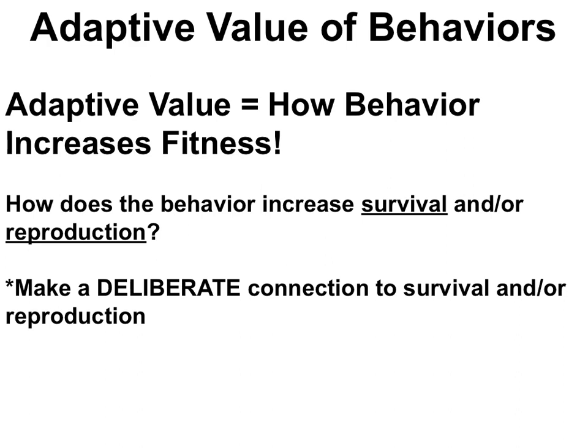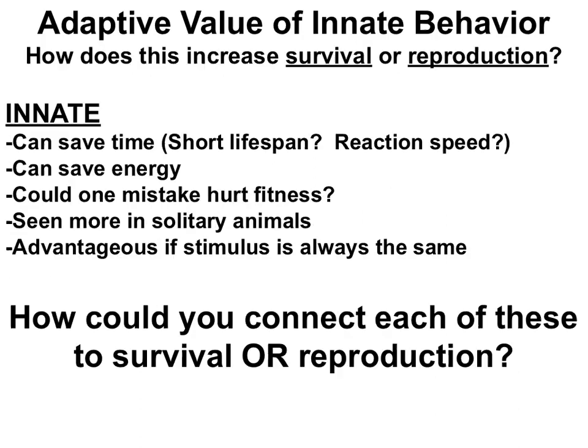Remember, fitness is the ability of an organism to survive and reproduce. So every behavior can be connected to the ability of an organism to survive and or reproduce. It's important to make deliberate connections here when you're thinking about behaviors and evolution.